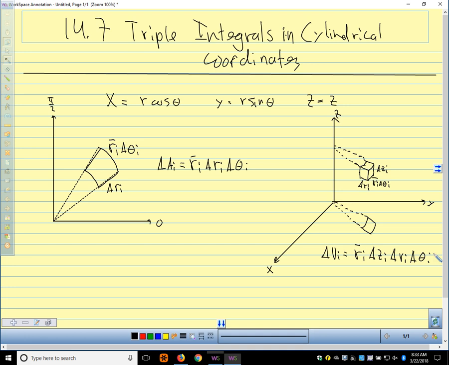If we have some function that's defined over this region in space, we can multiply this delta v sub i times our function. It could be a mass per unit volume. We've done several different things. We're going to form the sum, add them all together, and take the limit as delta v sub i approaches 0.